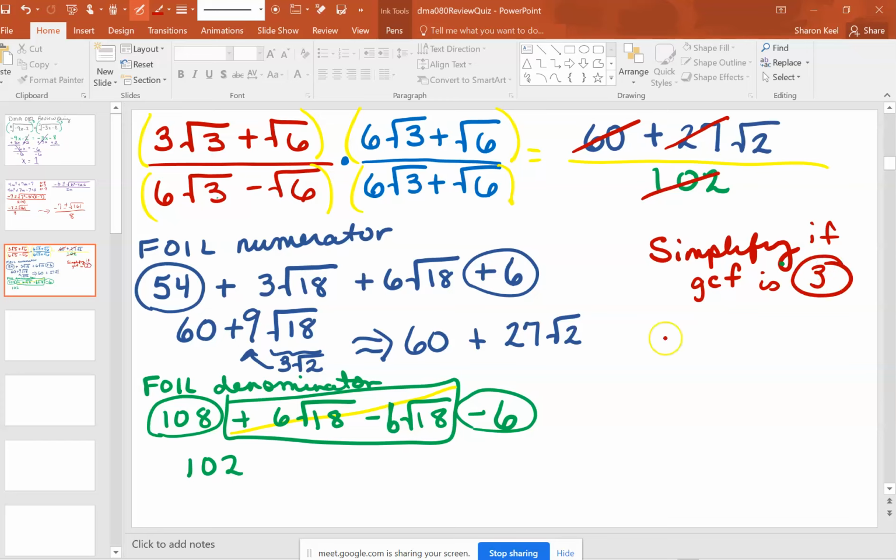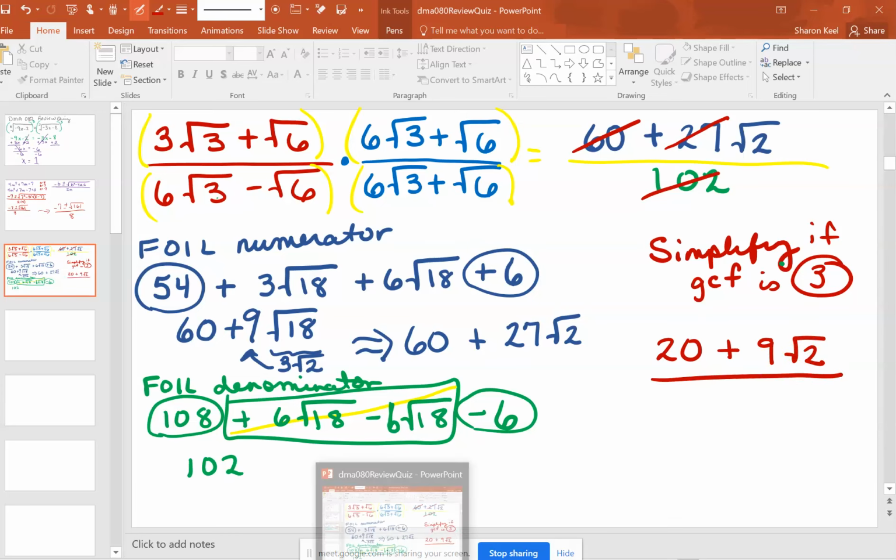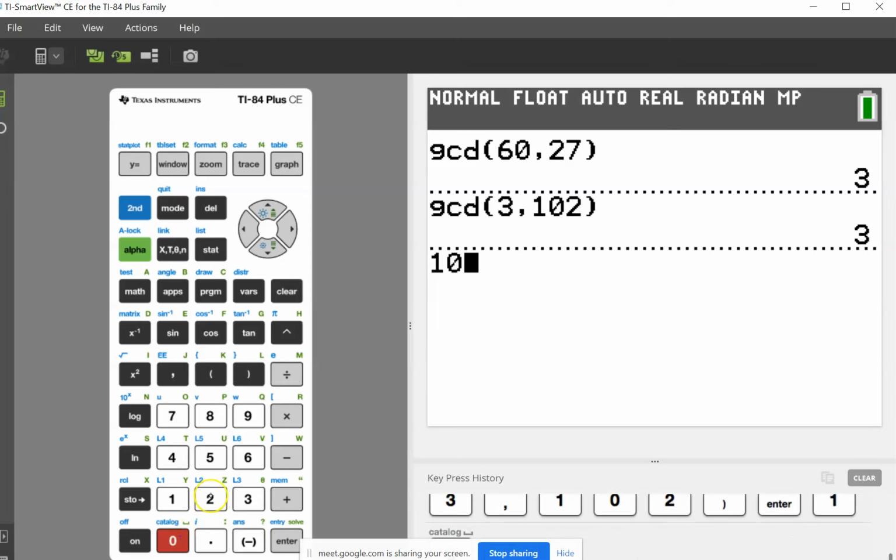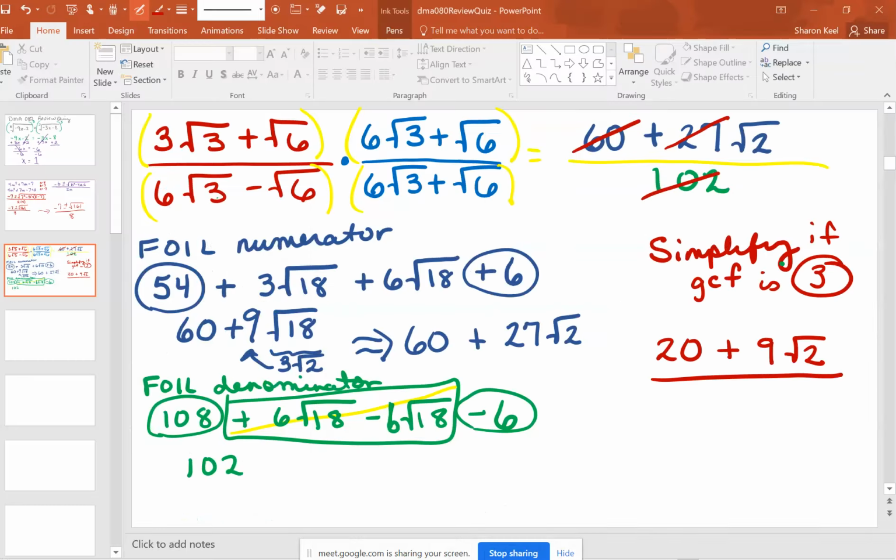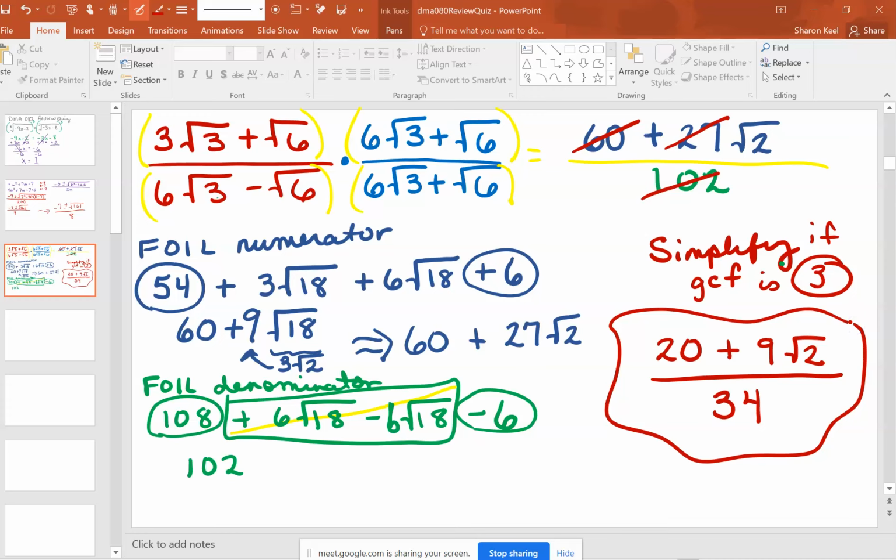So 60 divided by 3 would give us 20. 27 divided by 3 is 9, square root 2. And then we're going to take 102 divided by 3, and that gives us 34. So this would be our final answer.